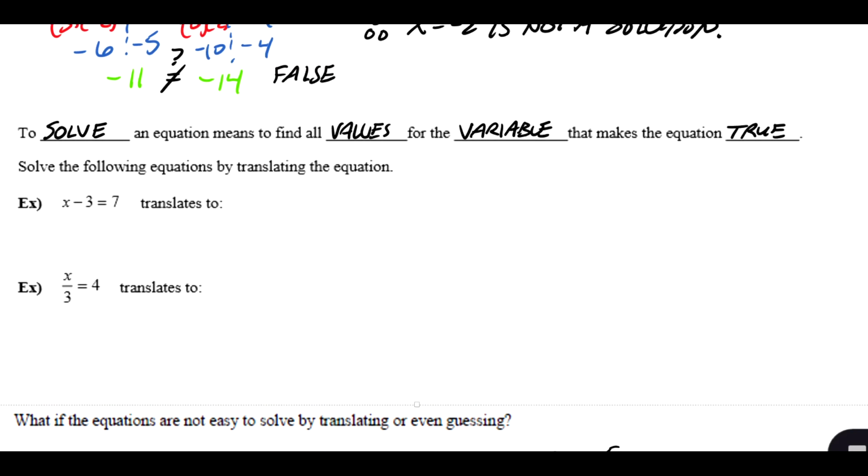If we translate this equation, we notice the left side is an expression, and if we translate that expression, we might be able to say it is 3 less than a number.